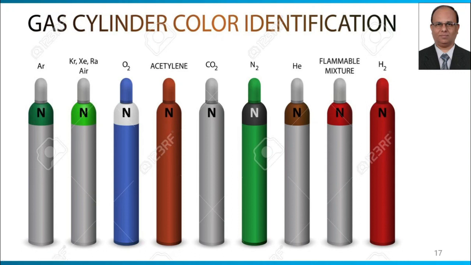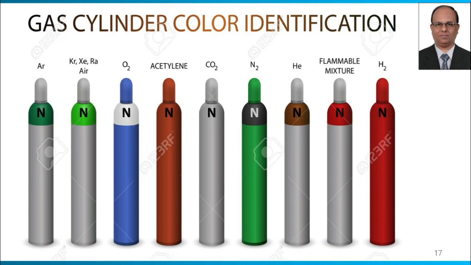Oxygen has blue cylinders with white belts on the surface. Acetylene has brick red color cylinders. Then carbon dioxide, there is no belt, only grayish color cylinders; silver color cylinders are available with carbon dioxide.